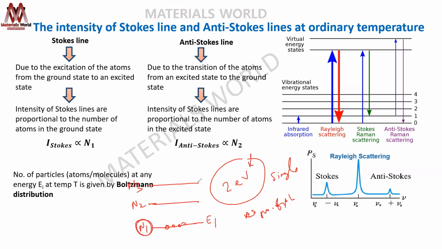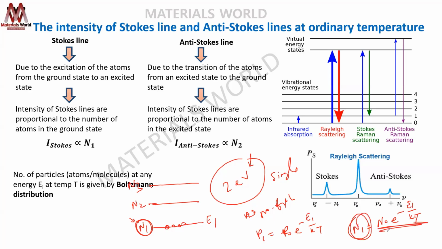Who will decide that? It is given by the Boltzmann distribution. So the probability of finding N1 number of atoms in a given energy state is e to the power minus E1 by KT. So similarly, N1 will be N naught e to the power minus E1 by KT.